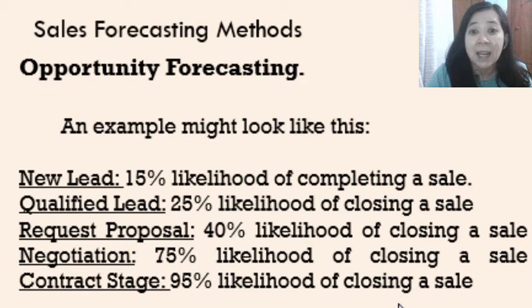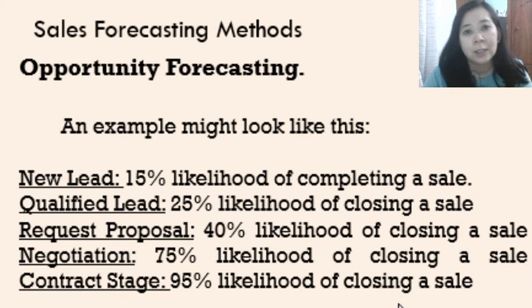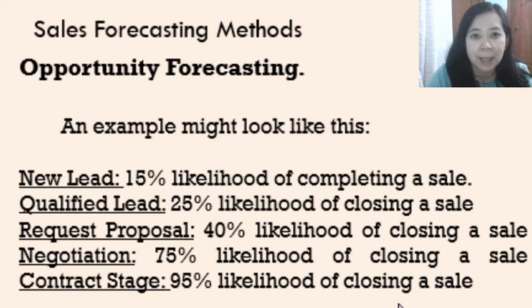Okay, because we can get the percentage of customers who purchase. So we have here an example on how to make the opportunity forecasting. For example, for new leads, you will have to make probabilities in terms of percentage for the likelihood of a sale occurring. So for the new lead, you have 15% likelihood of completing a sale, qualified lead 25%, request proposal 40%, negotiation 75%, contract stage is 95%.